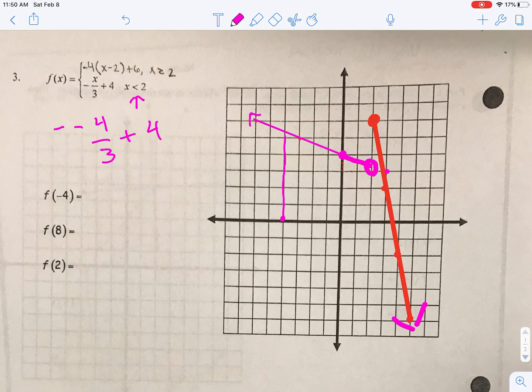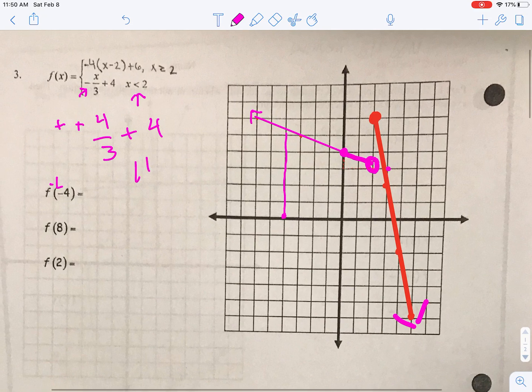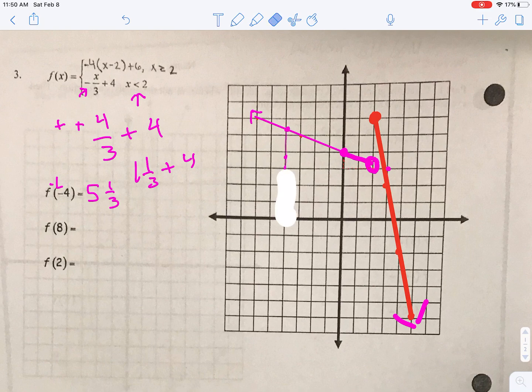So remember, it's negative, and then I plugged in -4, because it's this negative and then that negative, which is a positive, and now it's 4/3 plus 4. And 4/3 is 1 1/3. So that is 5 1/3, which makes sense because that looks like it's 1, 2, 3, 4, 5 1/3 up.